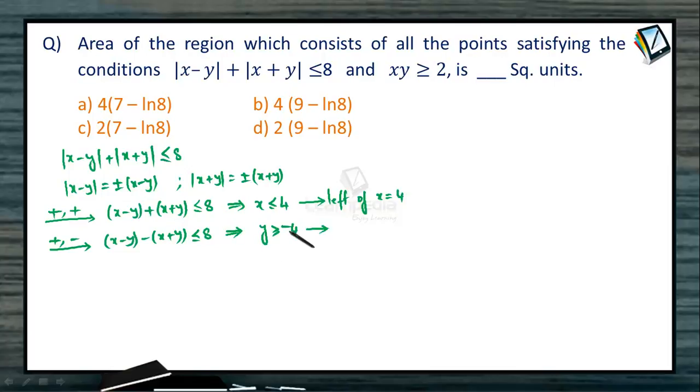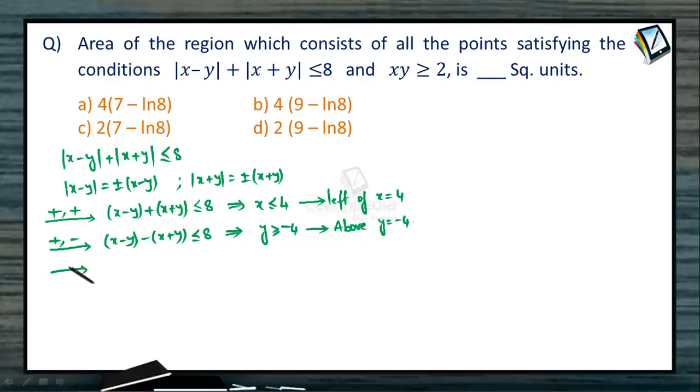What do we mean by y ≥ −4? y = −4 is a line parallel to the x-axis. So y ≥ −4 gives us the region above the line y = −4.